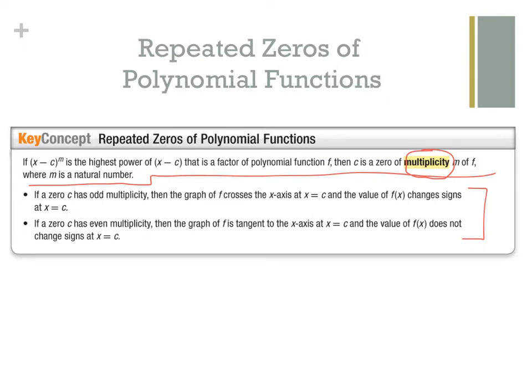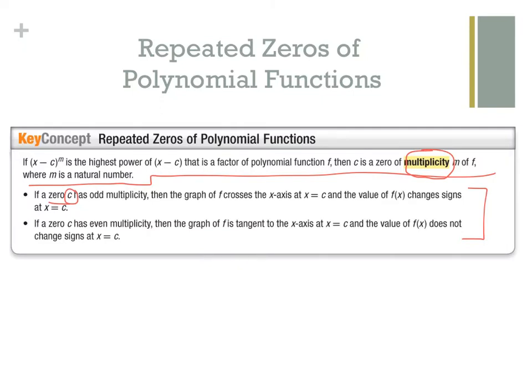We've already discussed that multiplicity is a word that describes the number of times a 0 repeats itself in a polynomial. Now, if a 0 c, they're just being general here, c could be 3, it could be 2, it could be 10, negative 1.